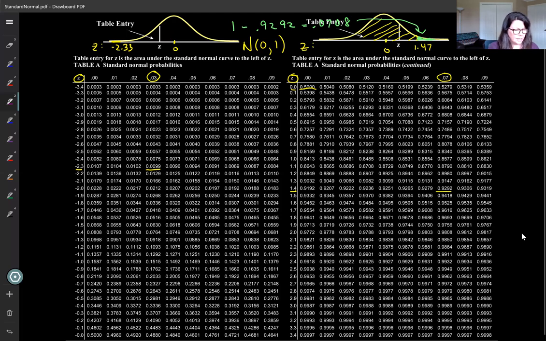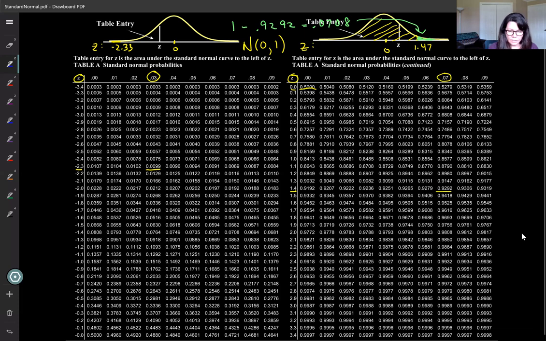Another way to use this table, we can look for the areas under the curve that correspond to the Z score. So let's suppose the question gives us the area and we're asked what is the Z score or what is the value of X, then we would unstandardize. So suppose the question says, what is the 80th percentile of the standard normal distribution?